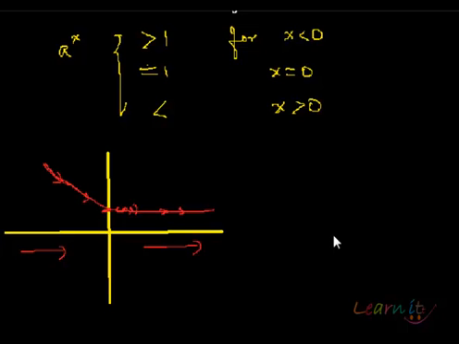So for various x's, what will 1 by 2 to the power x be like? It will be decreasing. 1 by 3 to the power x will be decreasing with x increasing. So you can think of values which are fractions, 1 by 2, 1 by 3, 1 by 4, as I said.